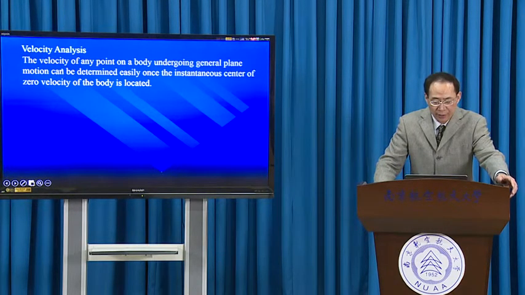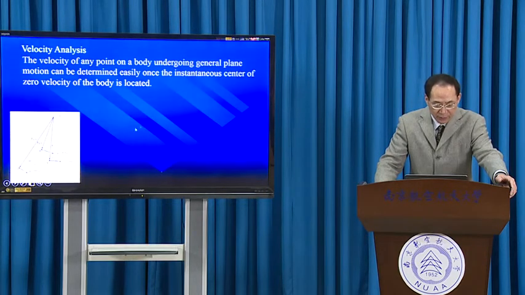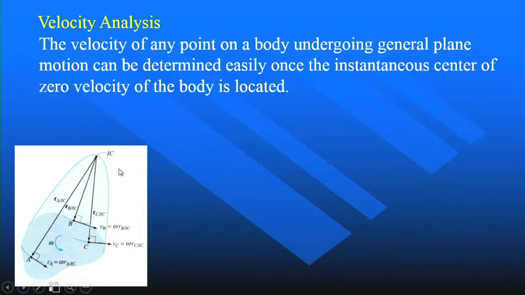The motion of any point on a rigid body undergoing general plane motion can be determined easily once the instantaneous center of zero velocity of the body is located. For example, here, if the IC is the instantaneous center of zero velocity, then at this instant all the points rotate about the instantaneous center.